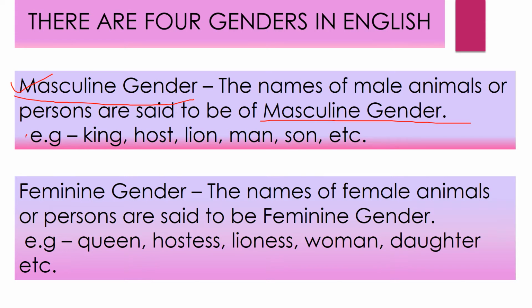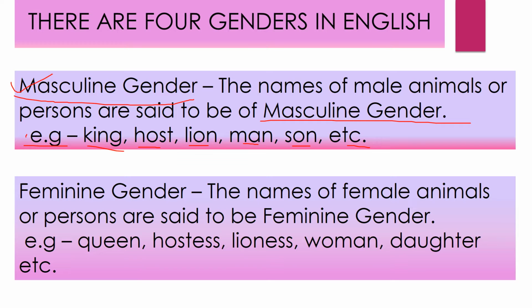This means whenever we are talking about the name of any male animal or person, it is called a masculine gender. Example: king, host, lion, man, sun, etc. They are all examples of masculine gender.